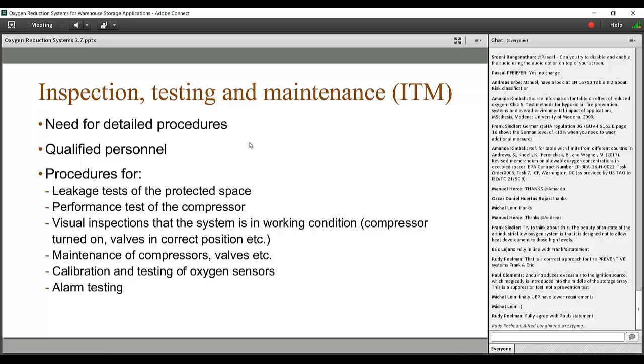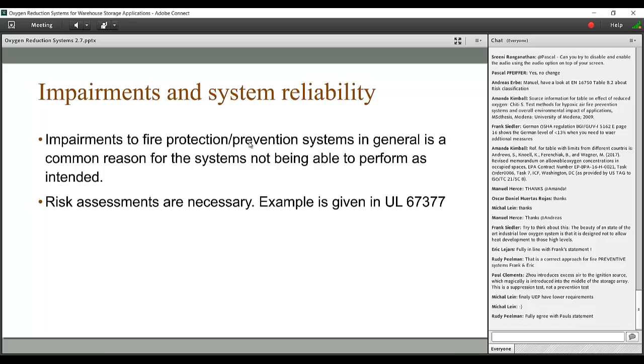So in some senses, this is not entirely different from ITM procedures for other systems, but it needs to be laid out very well and be very clear in terms of what is required, when, what needs to be looked at, how are you maintaining this condition over the life of the facility, how are you dealing with the normal operation, movement of goods, potential for ignitions, and so forth. And all of these are important factors when you're dealing with the warehouse situation.